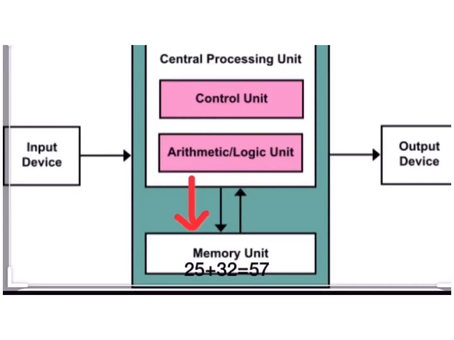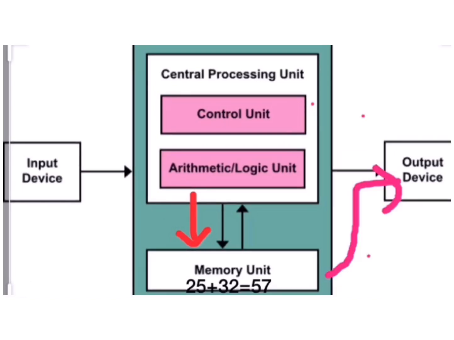The arithmetic logical unit then adds the numbers. The ALU then adds and sends the result 57.